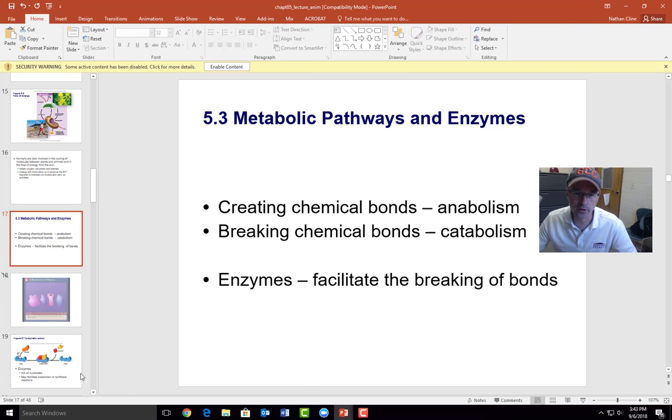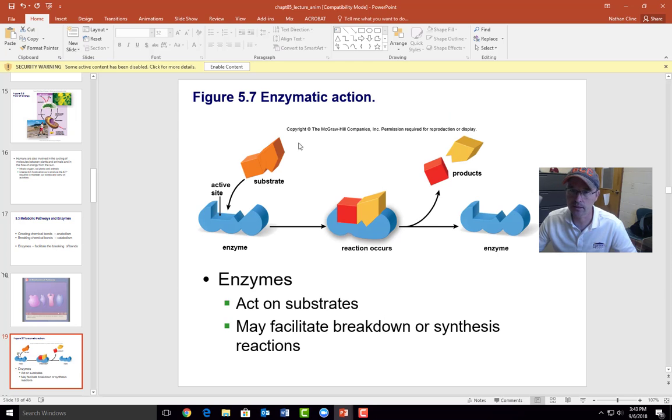So in order to understand enzymes, you have to understand that we have things that are bonded together. We have molecules that are bonded together. We call those substrates, sometimes also called reactants, and they need to be busted apart in order for us to either utilize the energy or to utilize the products of the molecules that are put together.